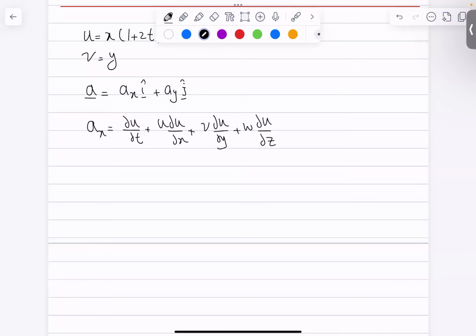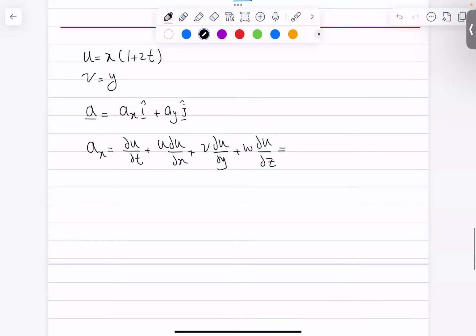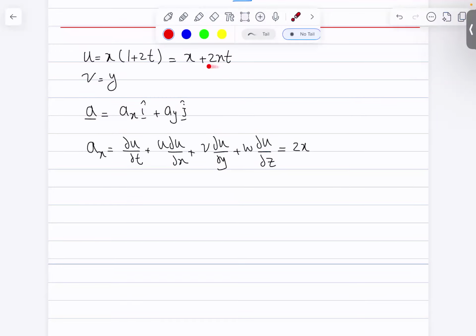Okay, so let's start with this. What's du/dt? du/dt here is going to be 2x, right? Because u is x plus 2xt, and if you take the derivative of that with respect to time, the first term is 0. So this one is 2x, so that will be du/dt.